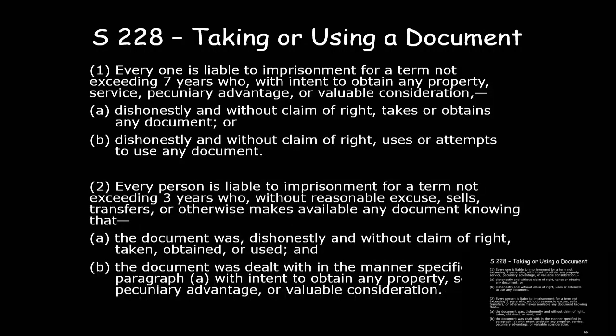Essentially what it covers is sort of two aspects where you dishonestly and without claim of right take or obtain any document, or you dishonestly and without claim of right use or attempt to use any document, and you do so with an intention to obtain any property, service, or valuable thing, then you are looking at being covered by section 228.